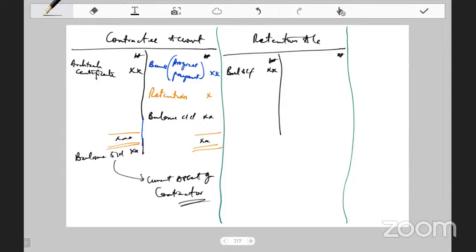Then we also have whatever they paid out of it. It will be recorded. Whatever that amount is will be taken into consideration. So we now have the amount that the contractee is adding to the retention.